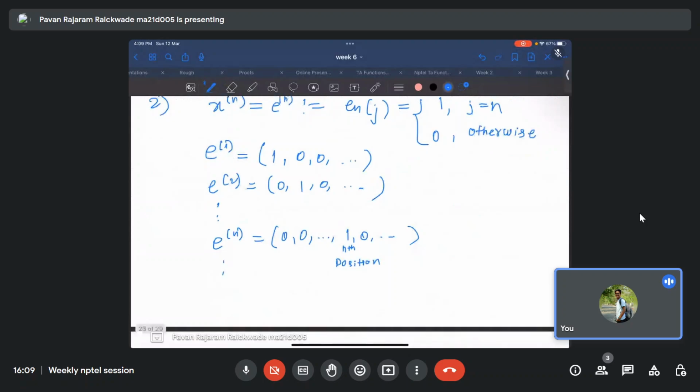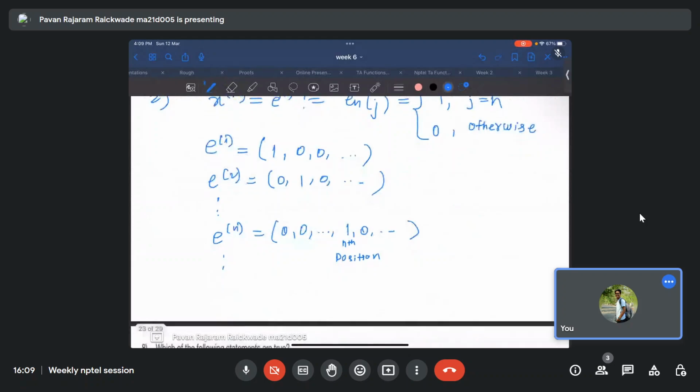So here what you can see is for each component, Xnj is converging to 0. So we can think that these En should converge to the zero functional. But let's see if that holds.